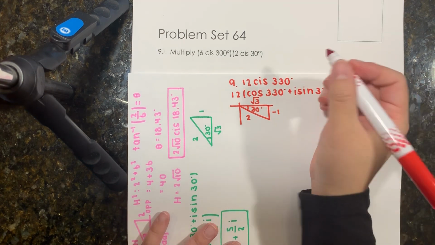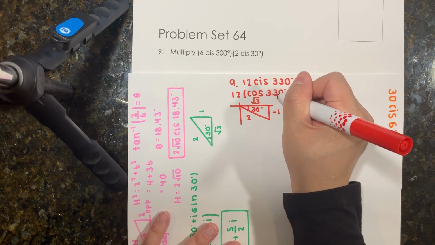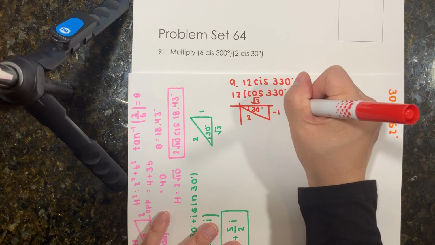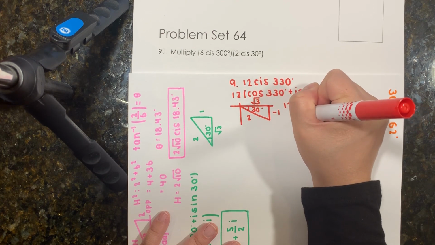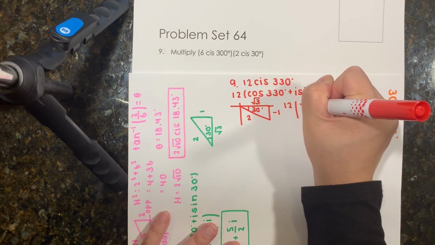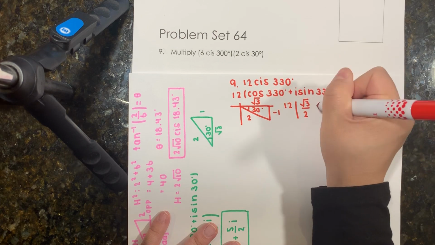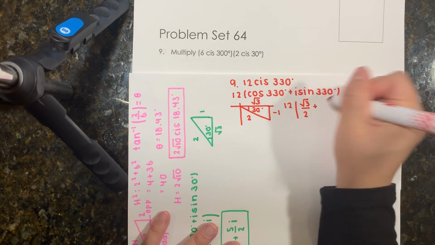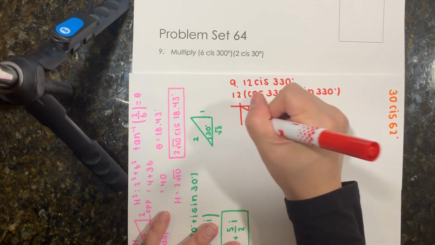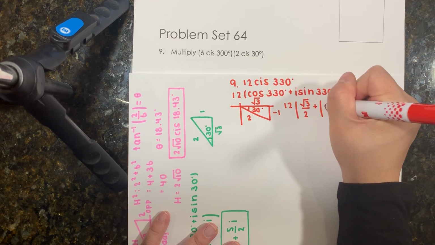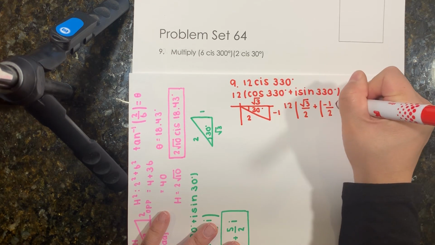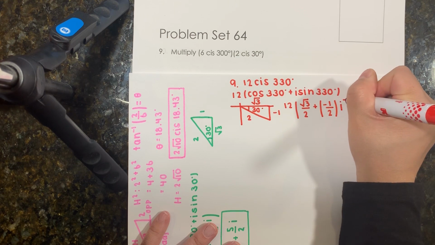Now what we're going to do is evaluate. So cosine of this triangle would be adjacent over hypotenuse, so my adjacent is going to be square root of 3 over 2. And then plus i sine. My sine is opposite over hypotenuse, which is going to be -1/2. But don't forget your i.